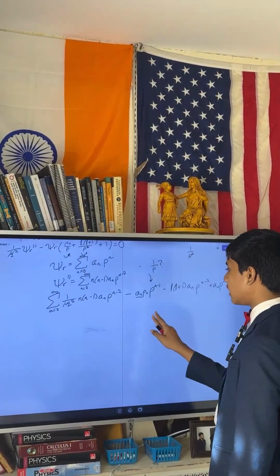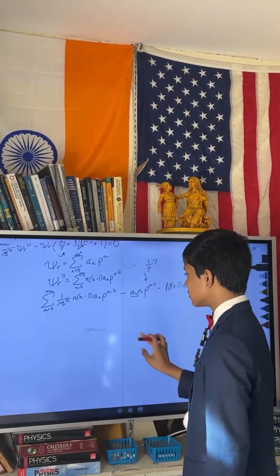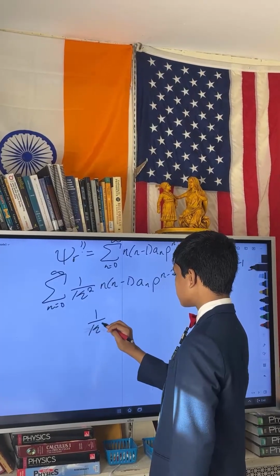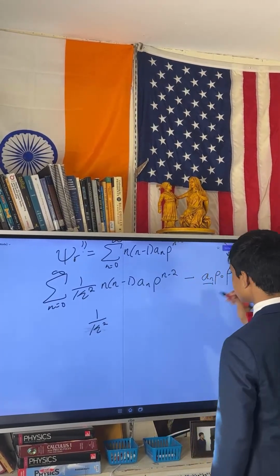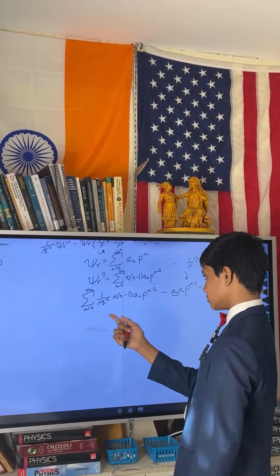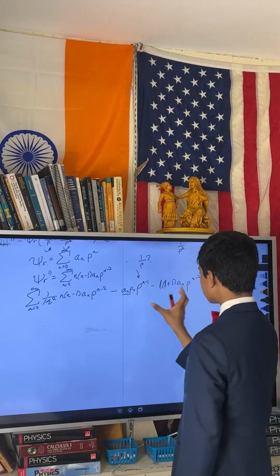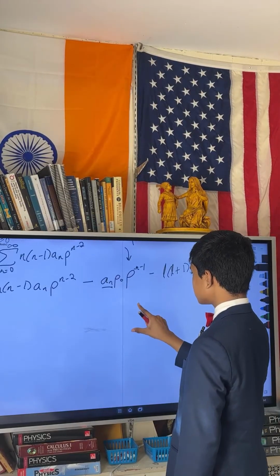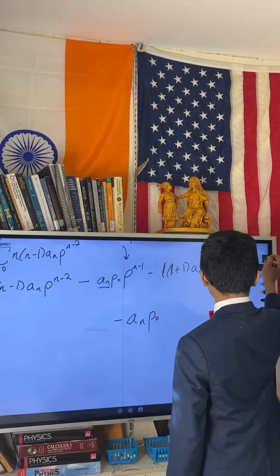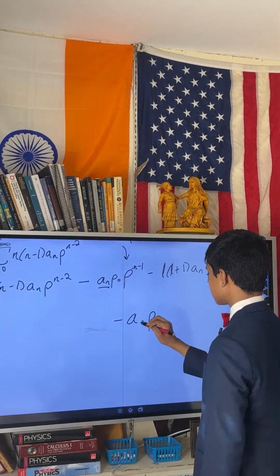Let's try to analyze n equals 0 and n equals 1. Well, the term for n equals 0 is 1 over kappa squared. Well, actually, this doesn't exist for n equals 0. This disappears, and it also disappears for n equals 1, so we can ignore it. Which leaves us with this part, which gives us minus a n rho naught, n equals 0, this is a naught.